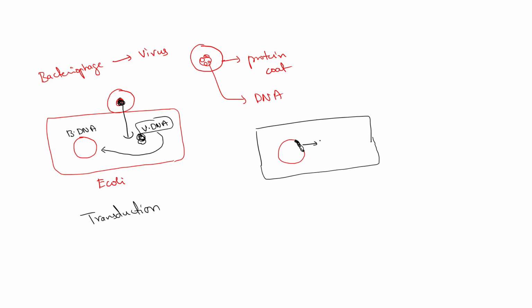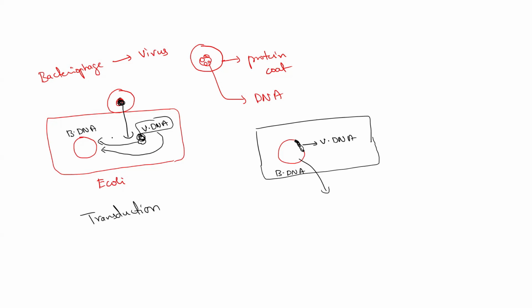So the viral DNA that is introduced into the bacteria cell will combine with the bacterial DNA and become part of it. This we call recombinant DNA. That means it is genetically changed.